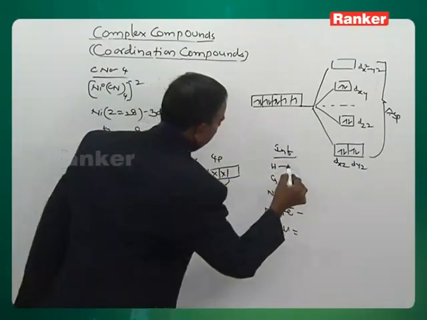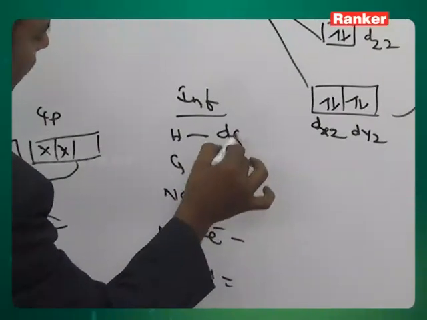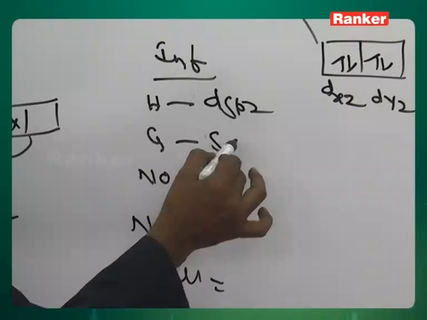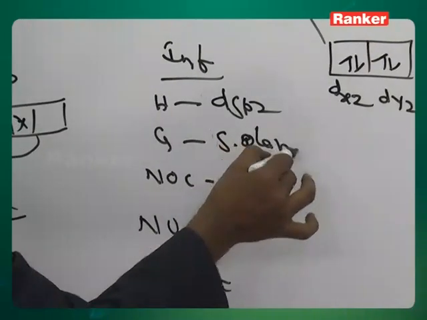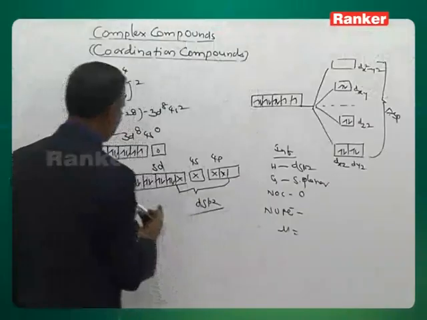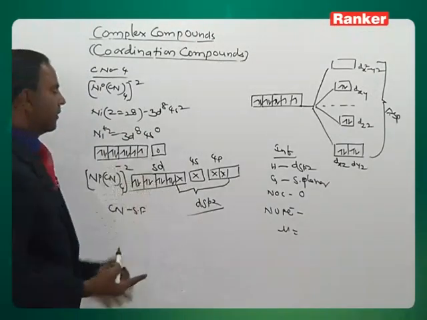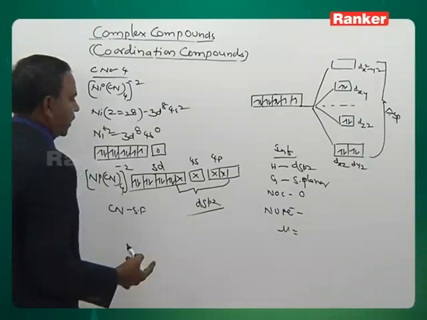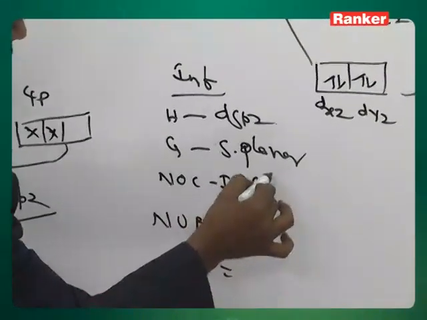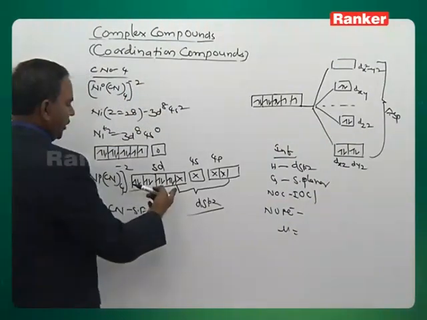Let us come to the information part. Hybridization we have discussed well: dsp2, geometry square planar. Number of unpaired electrons 0, which stands for the nature of the complex. Therefore it is an inner orbital complex, let me say IOC, as 3d is involved.